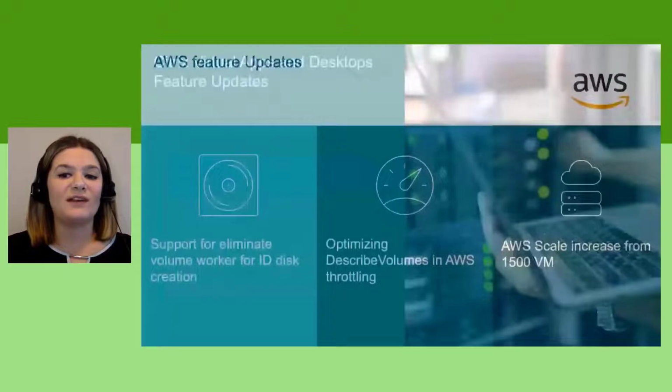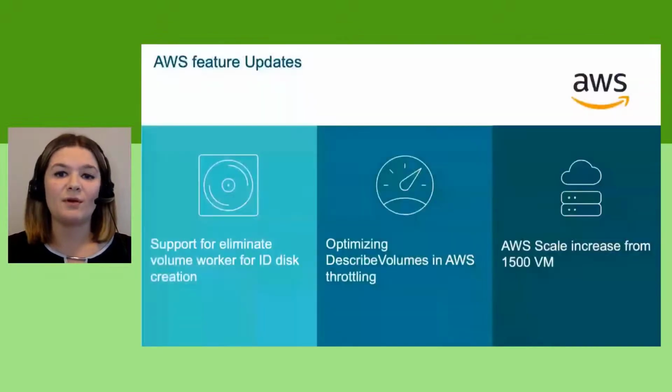So we are definitely continuing to grow our relationship with AWS, and the proof is in the continuous rollout of features when operating on top of AWS. So for example, we've introduced support for Eliminate Volume Worker for ID disk creation in AWS, and this really will reduce cost and complexity for maintaining volume worker operations. And this is an additional potential improvement for machine creation time.